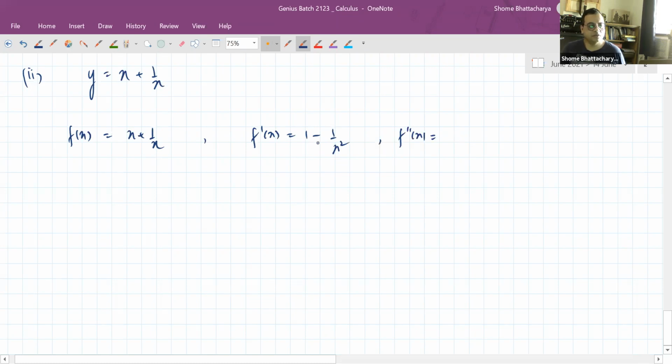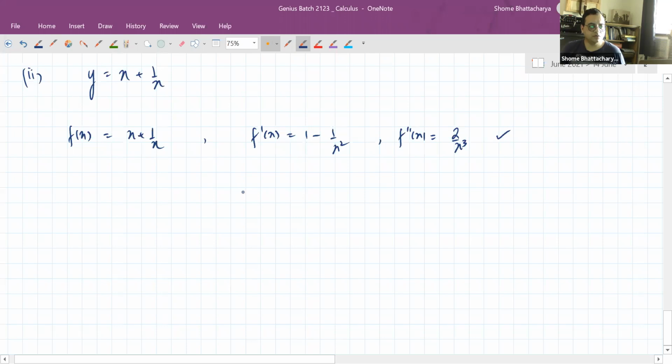The differentiation of 1 is 0, and the differentiation of minus 1 by x square is 2 by x cube. Okay, so make sure these steps are clear.